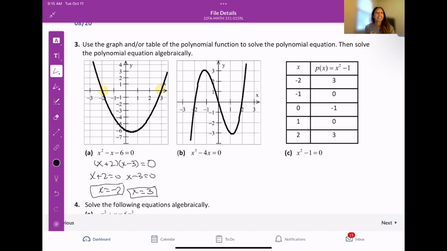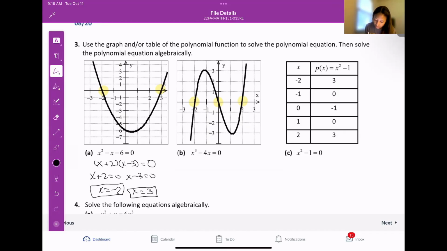So we can see that these algebraic solutions do match up with the x-intercepts in the graph. Right. For part B, we have x-intercepts at negative 2, 0, and 2. So those are the answers we should expect to get when we solve algebraically. This is cubic. Notice how this one has an x cubed and we end up with 3 answers for x. That usually happens with polynomials.